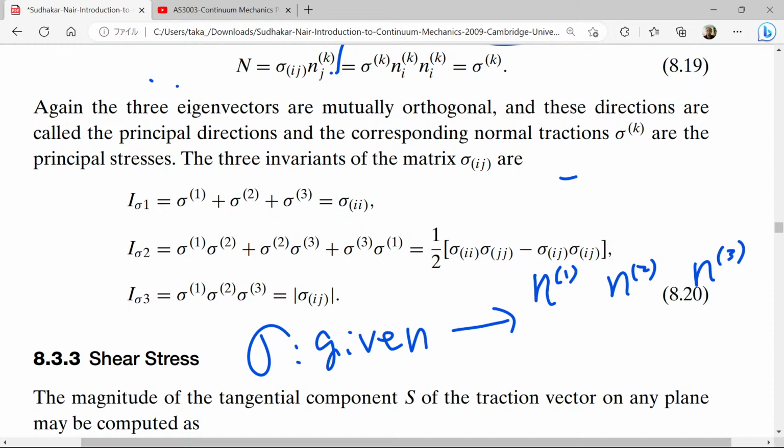Each of these normal vectors corresponds to a plane. And in each plane, there is this relation, sigma ij nj is like sigma k ni. There is such an eigenvalue problem.